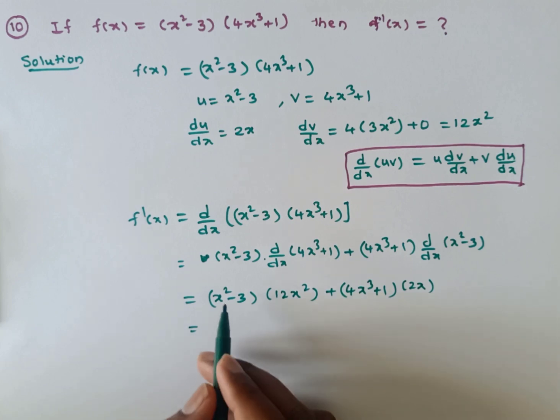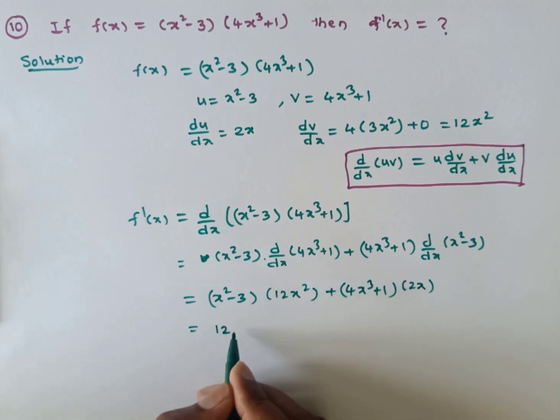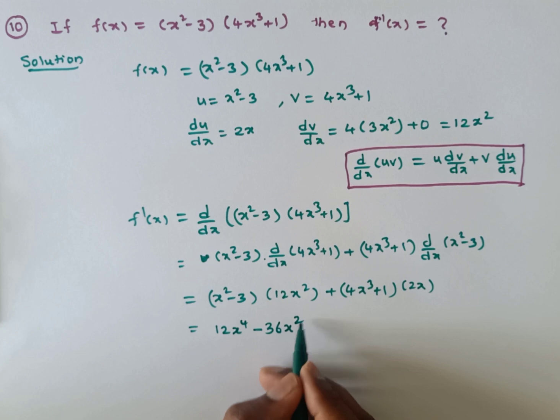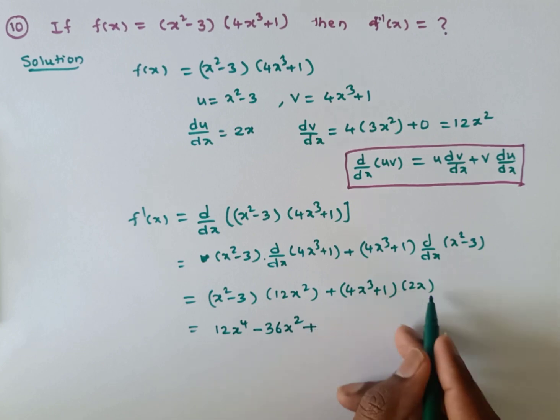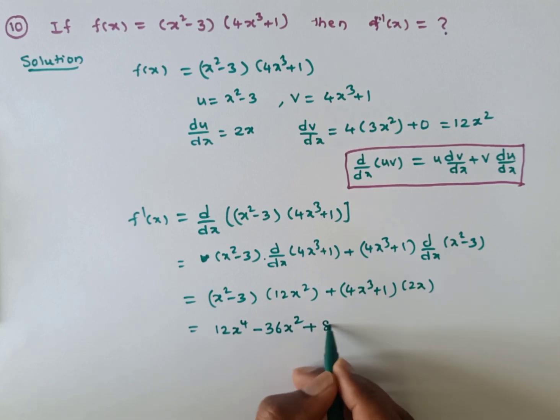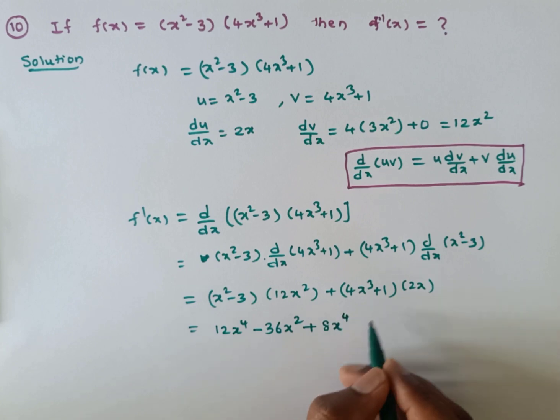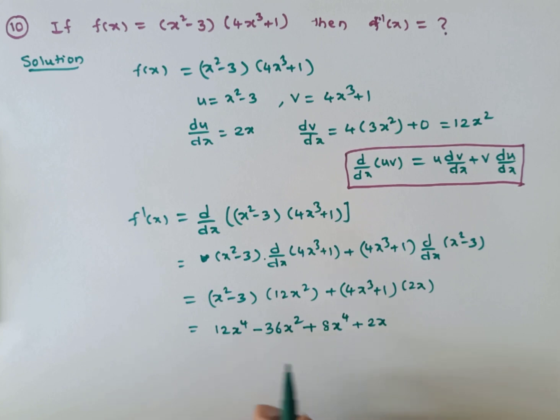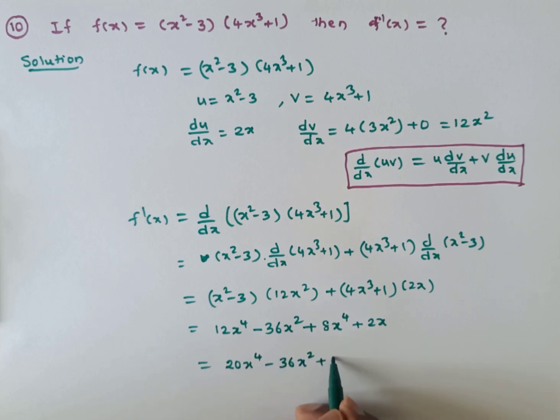If possible you can multiply: x square into 12x square is 12x to the power of 4, minus 3 into this is 36x square, plus 4x cube into 2x is 8x to the power of 4 plus 2x. Now 12x power 4 plus 8x power 4 is 20x to the power of 4, minus 36x to the power of 2, plus 2x.